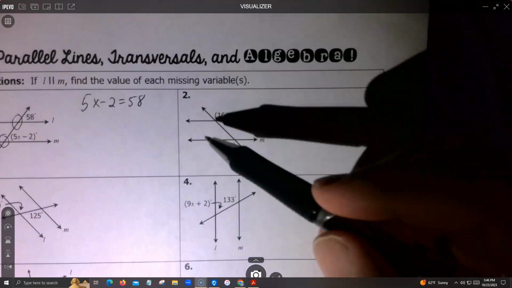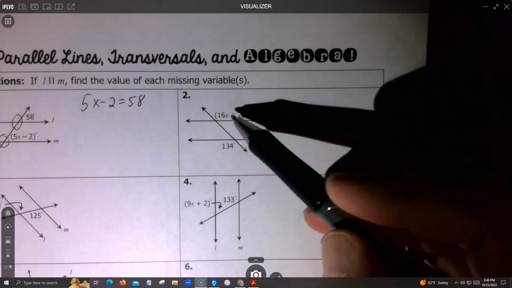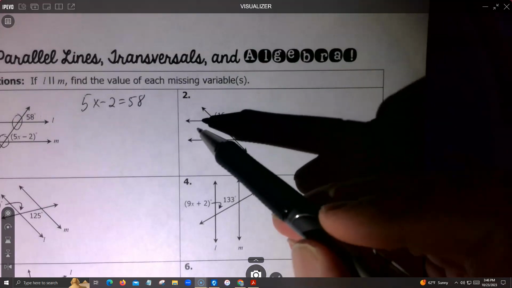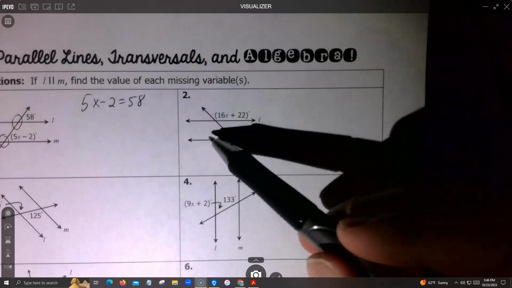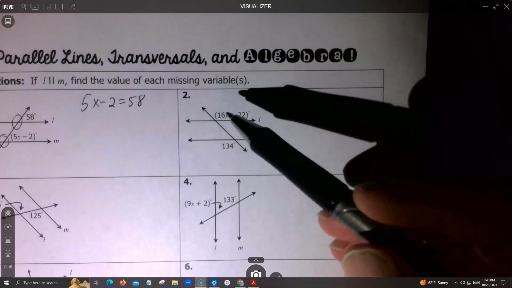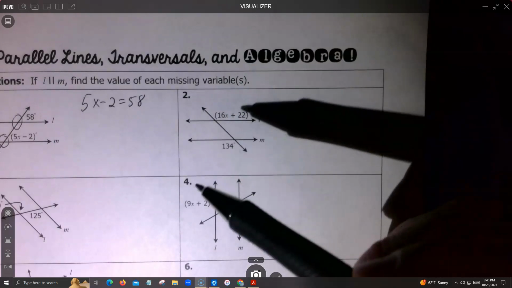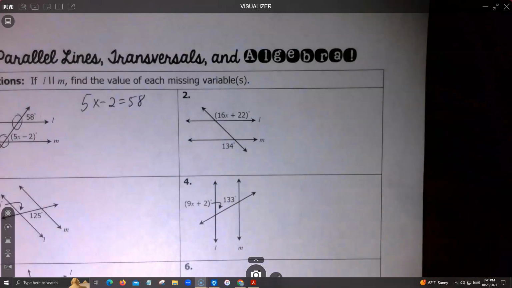So for instance, this one. All right, if you notice also, see how this angle is big, which is called obtuse, and this is acute, the tiny little one. Every single one of these angles that are formed here is either acute or obtuse, and it's always the same. In these problems, it's either the angle or its supplement, which means it adds up to 180.